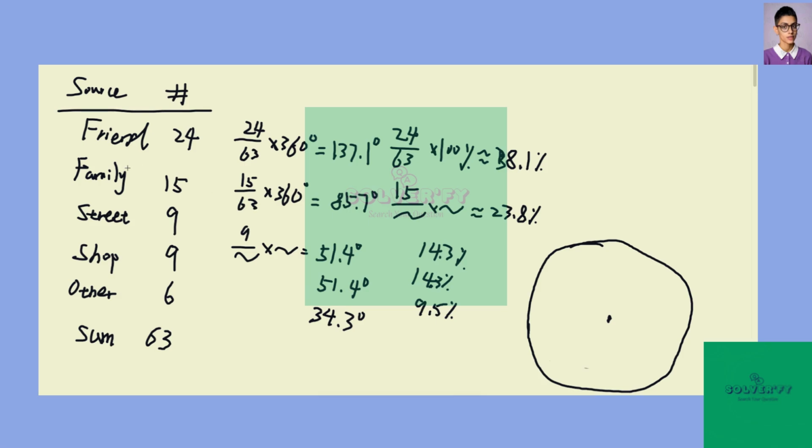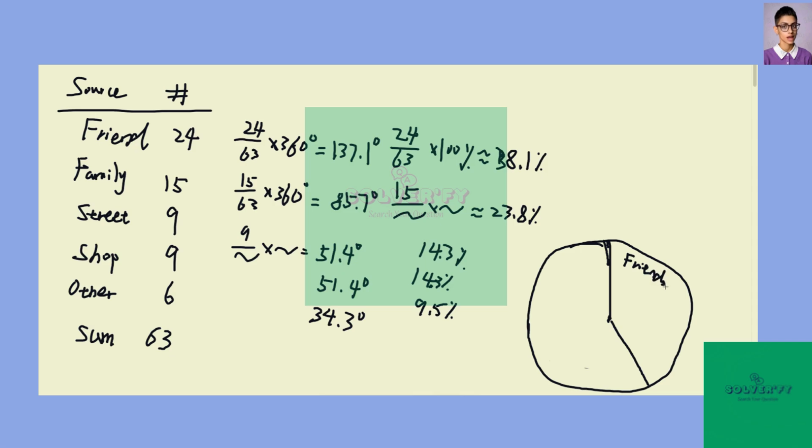Well, let's first see for children who get guns from their friends, we have 137.1 degrees. Well, it is larger than 112 but smaller than 180. So let's just draw it here. This is the biggest portion of the entire circle, for friends.